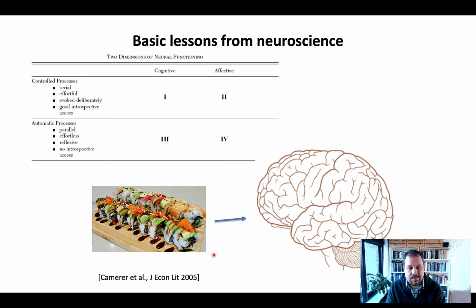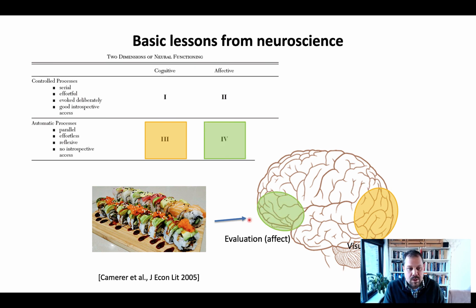So here's an example where I'm considering having a piece of sushi, which is lying in front of me. It looks quite yummy. I like it, and I want to eat it. So then there are a couple of processes that are going on. The first one is an automatic process, which is visual perception, which takes place back here in the visual cortex of the brain. This is then forwarded to an evaluation aspect of the brain, which is also automatically done for us.